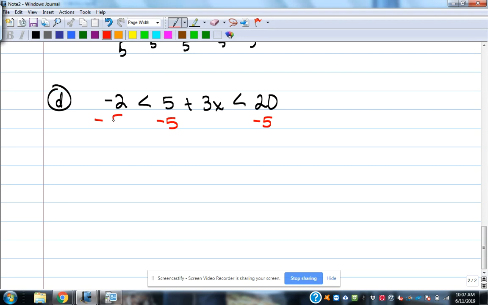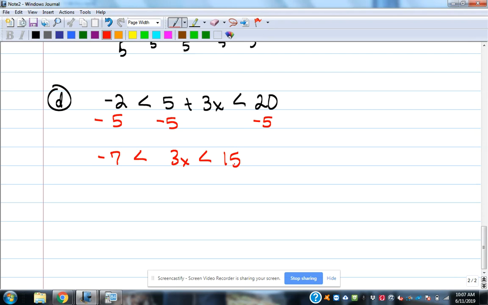I'm going to subtract 5 from all three places. Okay. So getting x by itself, but you're trying to get x by itself in the middle. Okay. And then that's going to give us -7 less than 3x less than the 15. Okay.